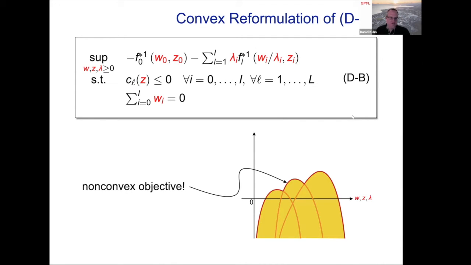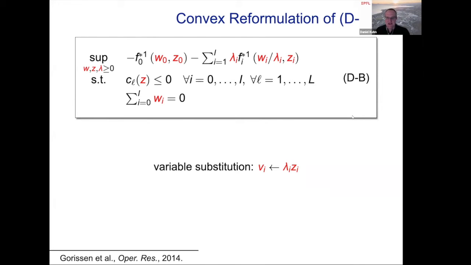So the non-convexity of the objective function of this dual best problem is actually also somewhat apparent from our earlier visualization here. So of course the dark red function here is not necessarily concave. Luckily, this non-convexity can be eliminated by a simple variable substitution. So we just need to replace the z_i variables with v_i over lambda_i, where v_i denotes a new decision variable that replaces z_i.